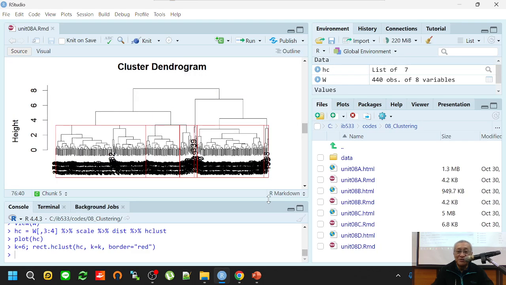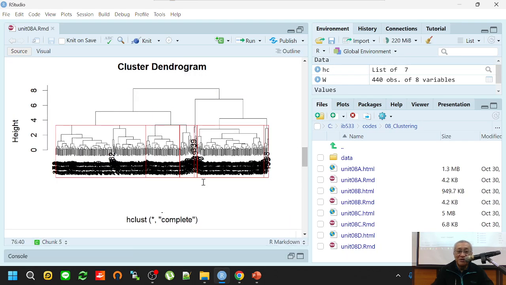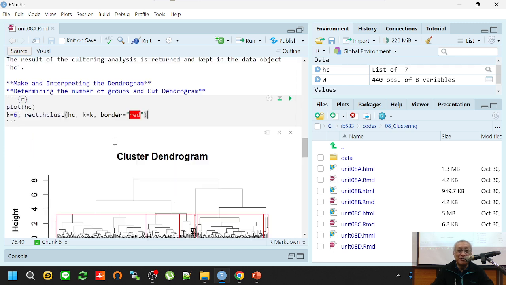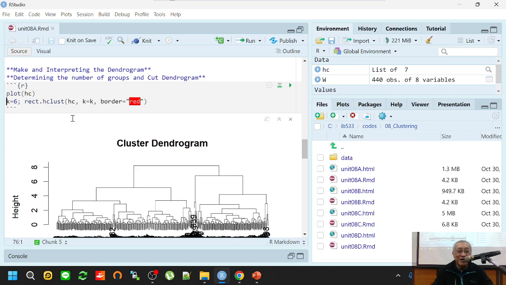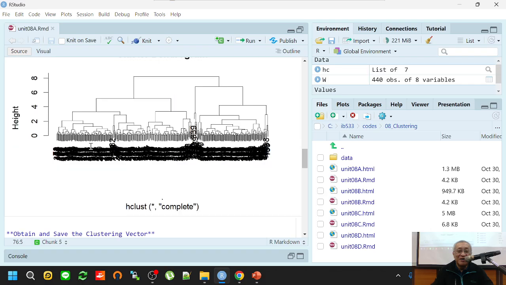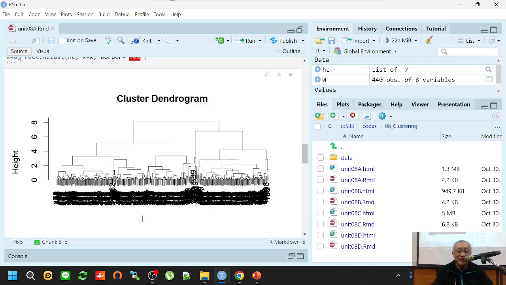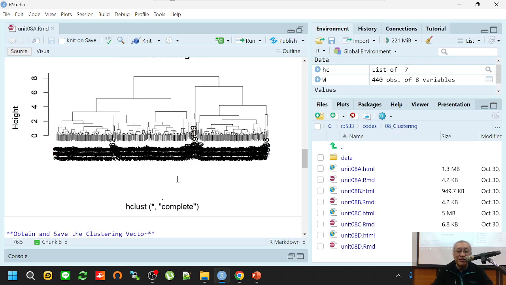You will see a plot like this. This is called a dendrogram. I'll explain that later. Okay, don't worry. And then you can cut this dendrogram into different groups. Okay, this is actually at the bottom of the dendrogram is the 440.